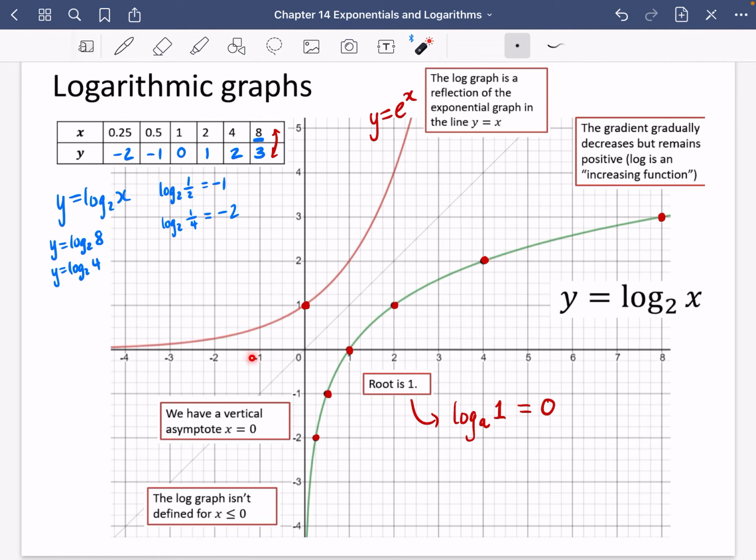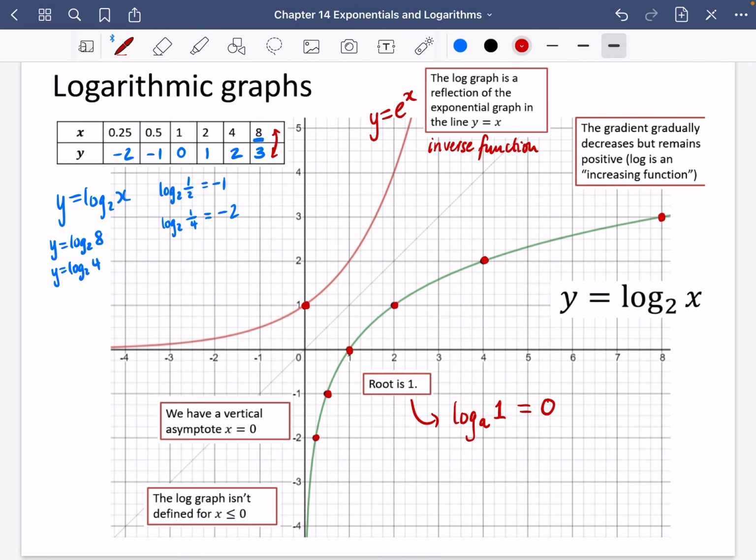On the exponential graph, there's an asymptote of y equals 0, and then on this one we've got an asymptote at x equals 0. What we learn about is that when there's a reflection in the line y equals x, this is because they are inverse functions.